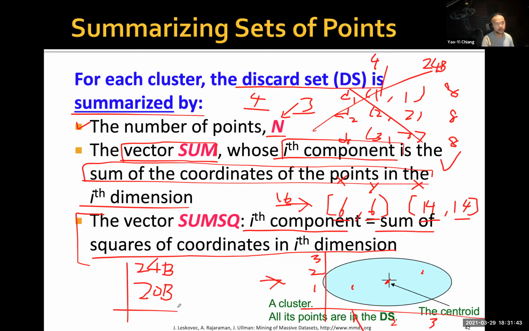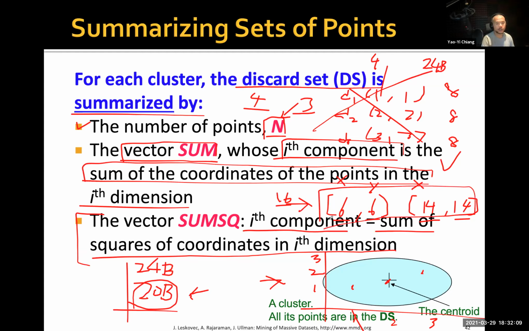Pretty cool, right? One thing that's really awesome about this approach is this doesn't change. No matter how many points you have in this cluster, you always need 20 byte. Okay, because the number of points requires 4 bytes, and the size of these two vectors is fixed.